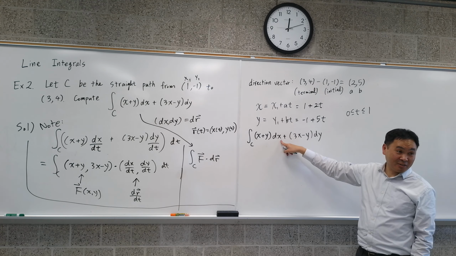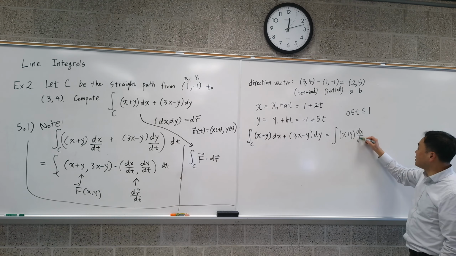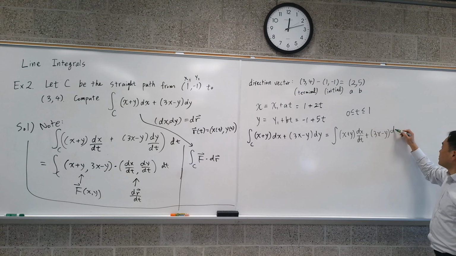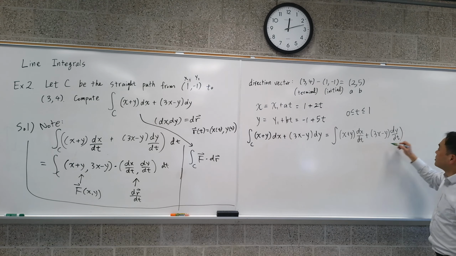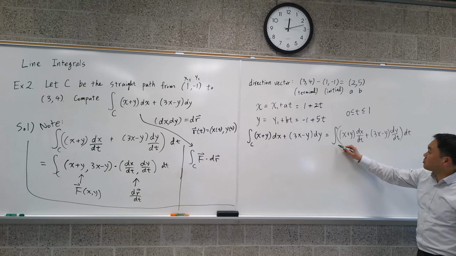So what is dx over dt? 2, right? So we just rewrite this as x plus y dx over dt plus 3x minus y dy over dt, times dt, and t goes from 0 to 1.